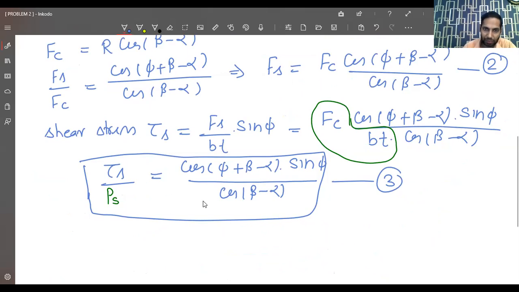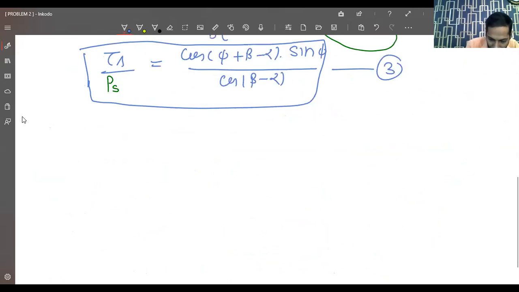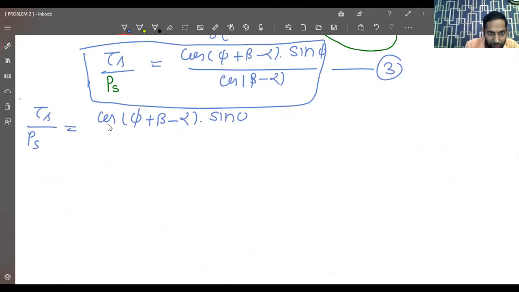So I can write the equation tau s by Ps is equal to cos (phi plus beta minus alpha) into sin phi upon cos (beta minus alpha).